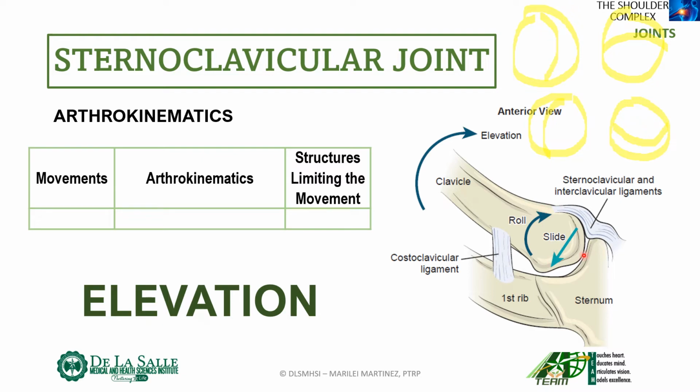Then it slides inferiorly following the opposite rule, because it is the convex part of the articulating surface of the clavicle that is moving against the concave articulating surface of the sternum. Again, the convex articular surface of the clavicle rolls superiorly and slides inferiorly on the fixed concave articular surface of the sternum. Clear?